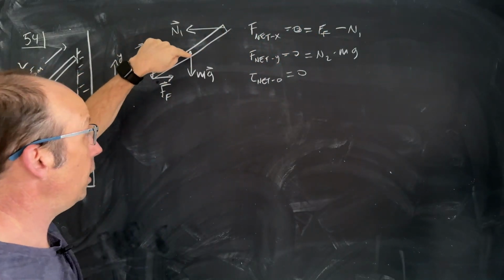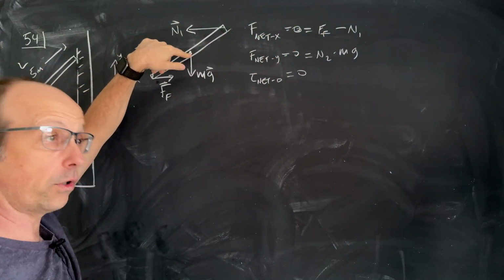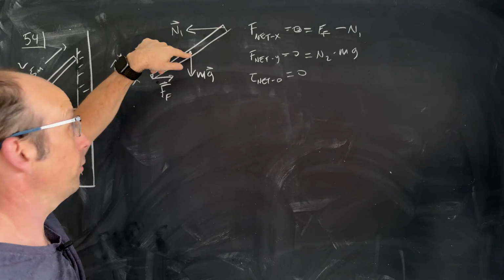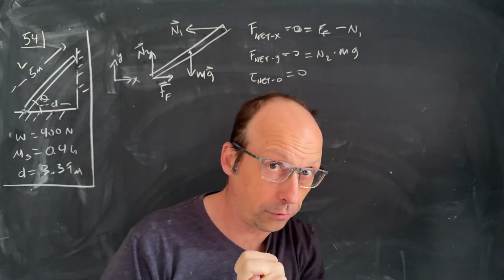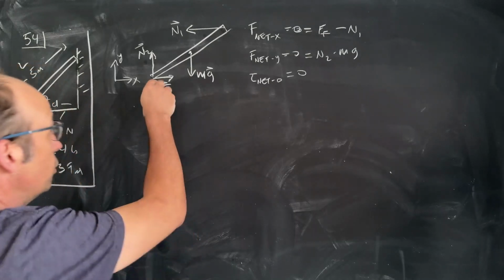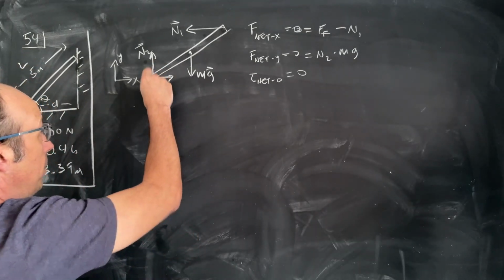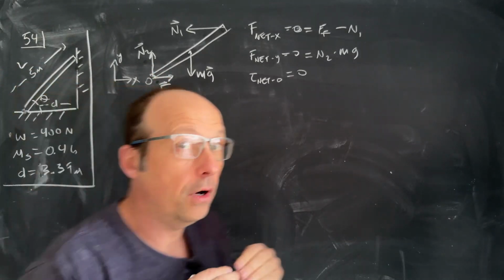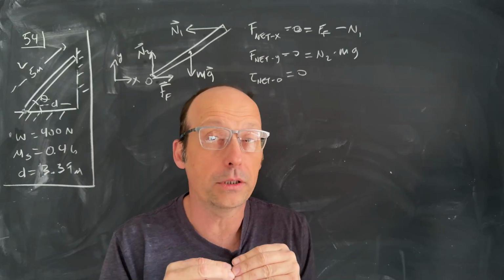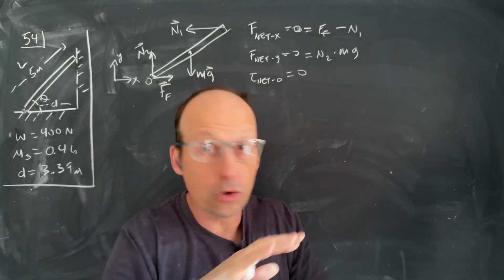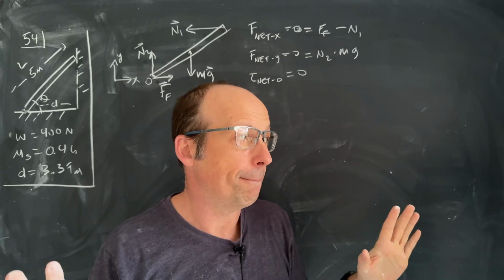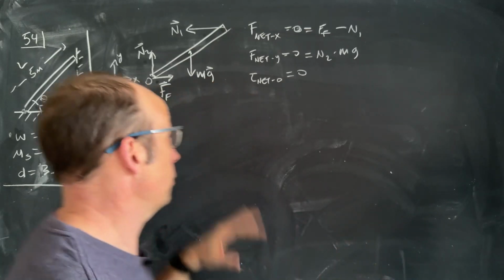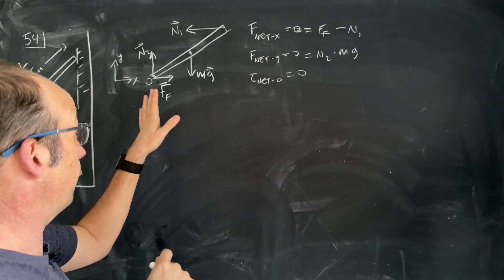If I pick right here, then the gravitational force will exert no torque, and it won't appear in the equation. Finally, if I pick down here, neither of those two forces will be in the equation. So because there's two forces there, I'm going to pick that. So those two forces will not be in my torque equation. Now, you can pick any location, and it will work, okay? But just some ways are easier than others. So I'm just going to pick that one because I get rid of two forces.